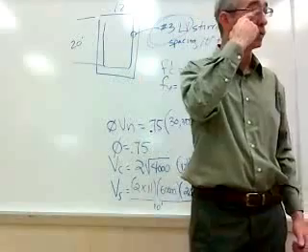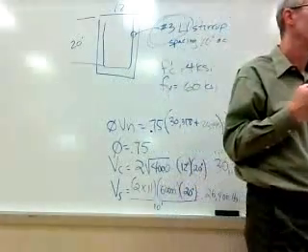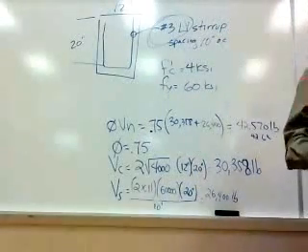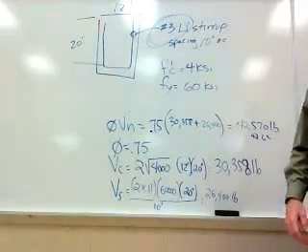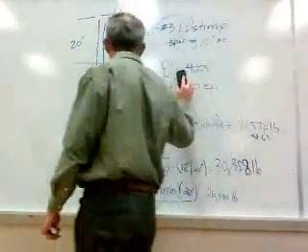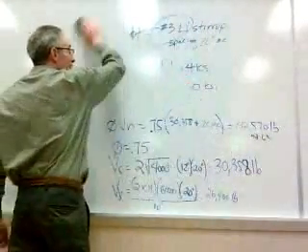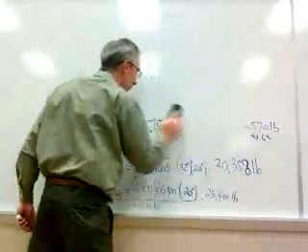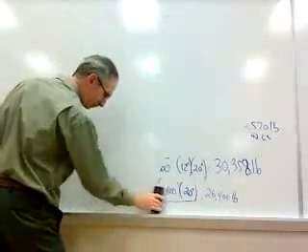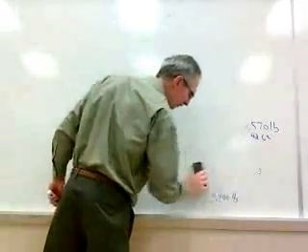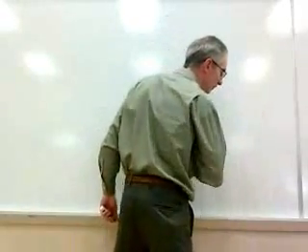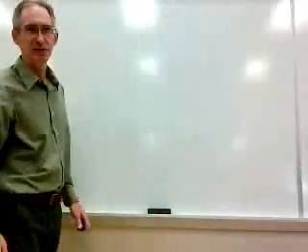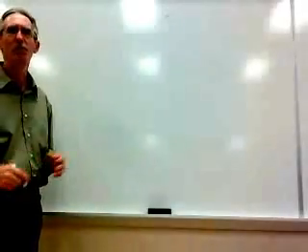Now, there are some rules that we have to live by, okay? And this is where the code comes in. The way I explain this, there are a lot of ways as we move towards design of stirrups, a lot of criteria that we have to meet, but I like to think of it as a couple of basic points.